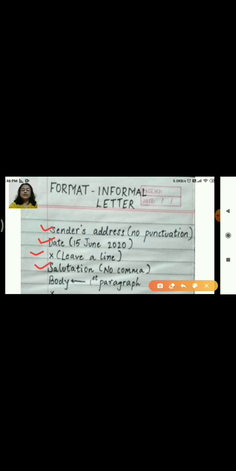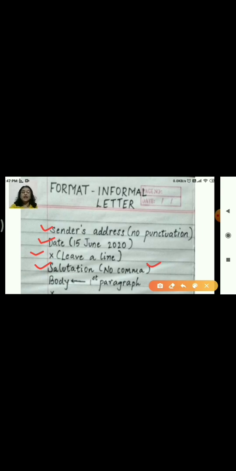That means to whom we are writing the letter, we write that person's name. And again after writing that, here you can see it is written no comma. That means no punctuation. Again, we will not give any full stop or comma there. Correct? I hope it is clear till here.